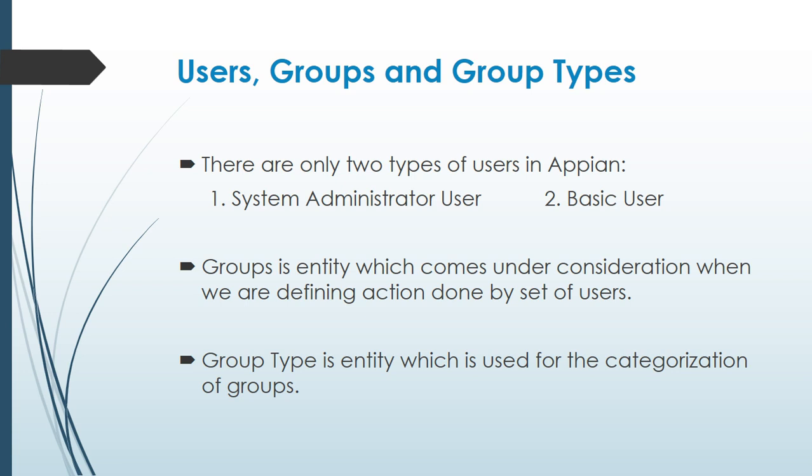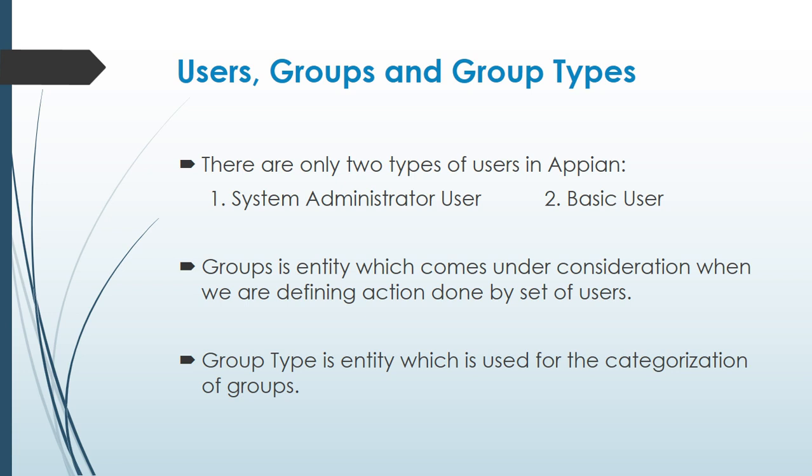So let's start with the basic things in Appian. The basic things in Appian are users, groups, and group types. If we talk about the types of users, there are only two types of users. One is system administrator and second is basic user.